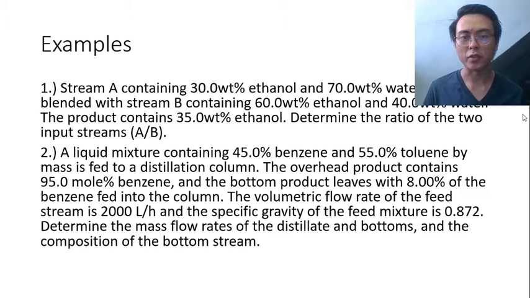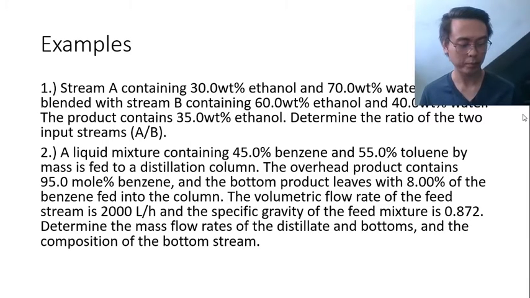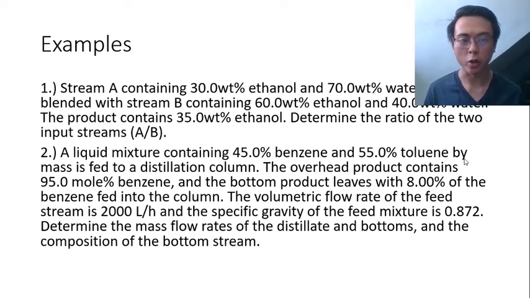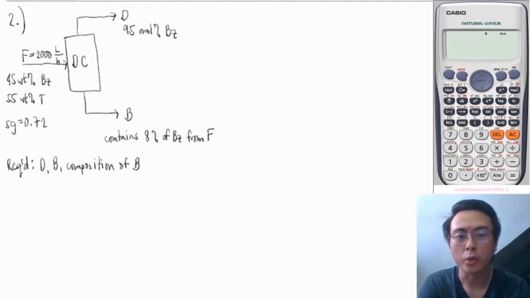Determine the mass flow rates of the distillate and bottoms, and the composition of the bottom stream. Okay, I have already drawn the flow charts and the given. Let's take a look. So to recap this problem, again, we have a distillation column. The feed to the process is 2,000 liters per hour of a mixture of benzene and toluene, wherein benzene is 45% by mass or by weight, and toluene is 55% by weight.